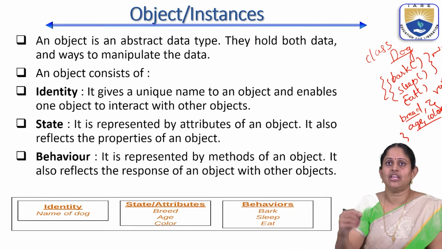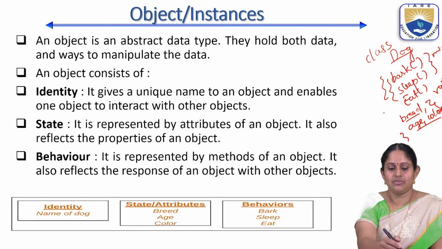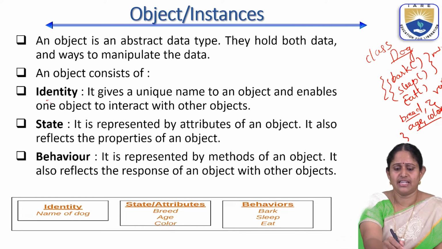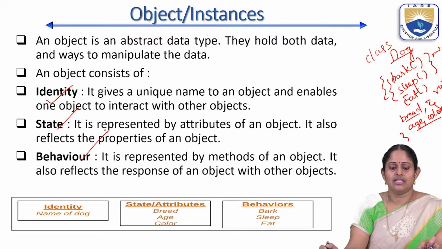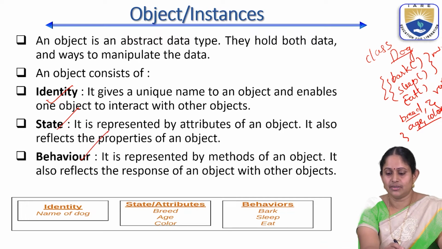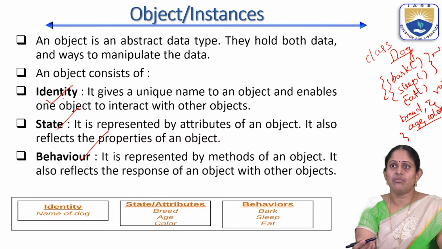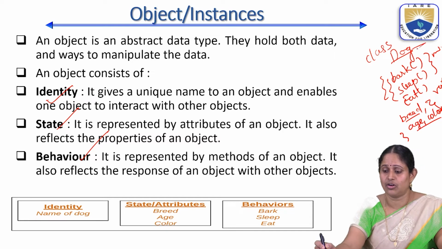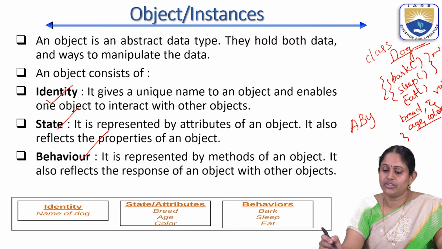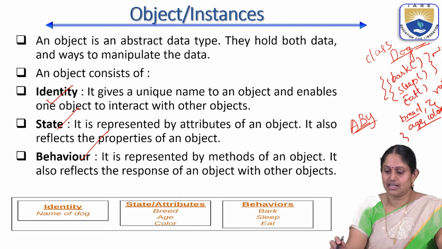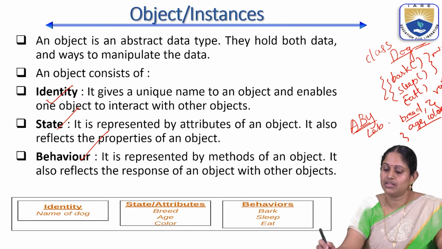If you take any object of a particular class, that object will have three features: identity, state, and behavior. The identity of the object is the name of that particular object. Let's say for the dog class, we name it Abby. The breed is a Labrador, its age is 2 years, and it is brown in color.